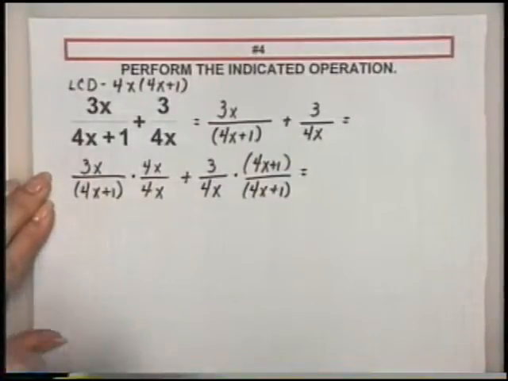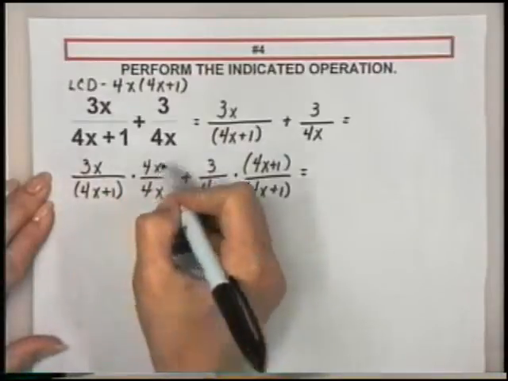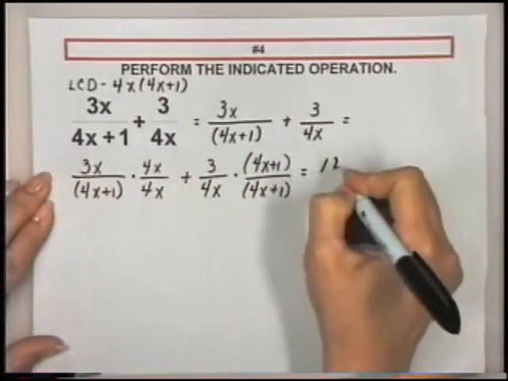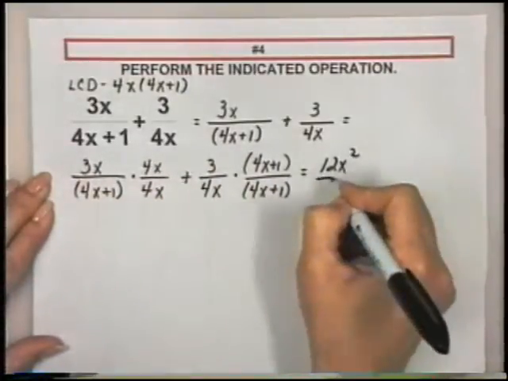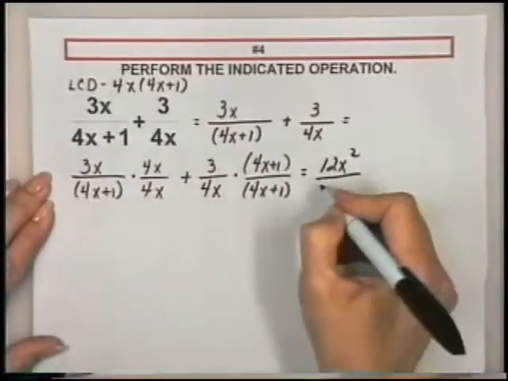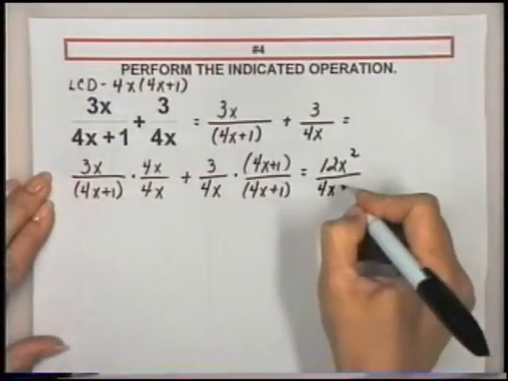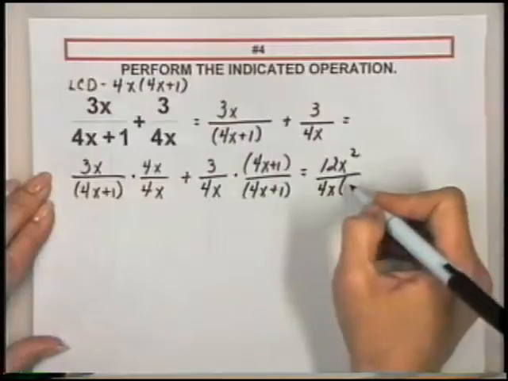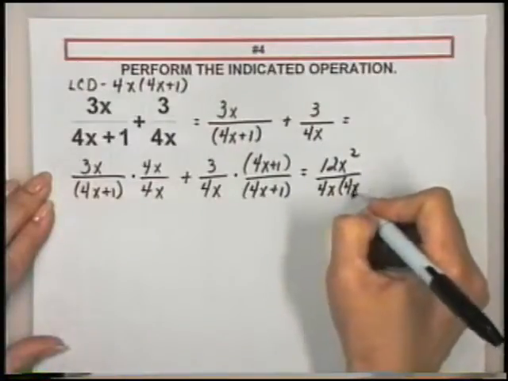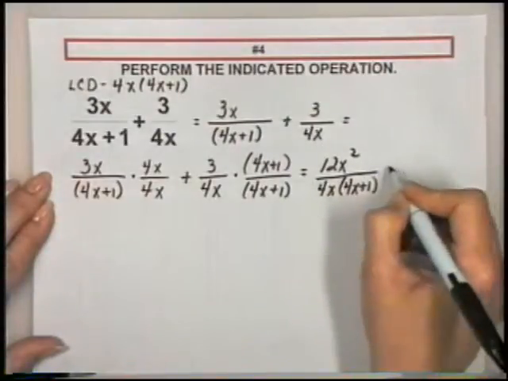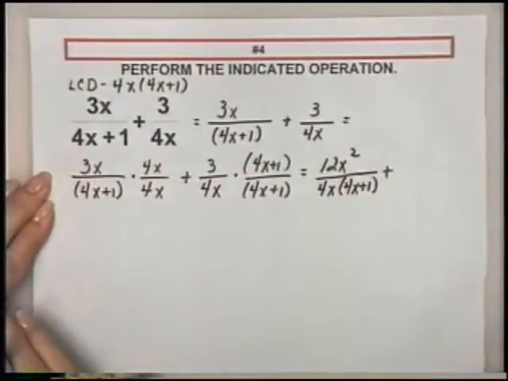On the first fraction, I will multiply out the numerator. 3x times 4x will give me 12x squared. I will write the denominator in factored form. 4 times x times 4x plus 1.